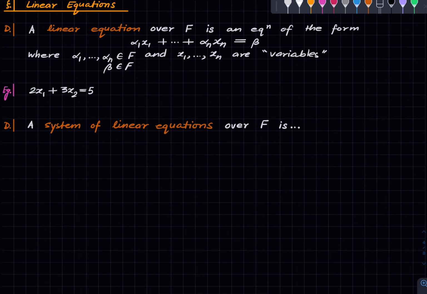All right, now a system of linear equations over the field F is basically a collection of linear equations, a bunch of linear equations. Every linear equation that we say will have the same unknowns. It is a bunch of linear equations of this form.